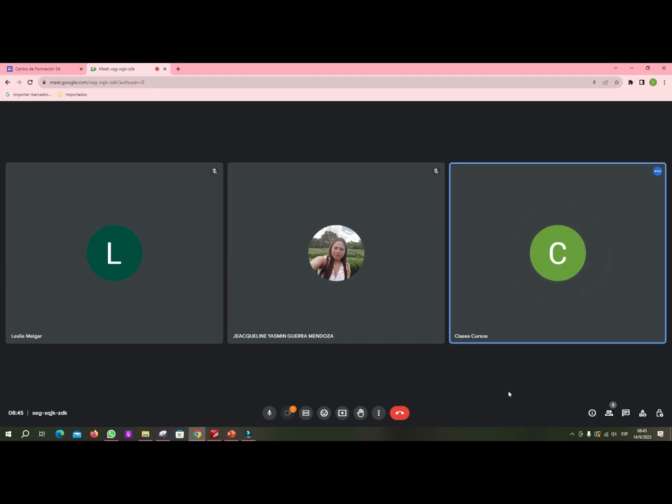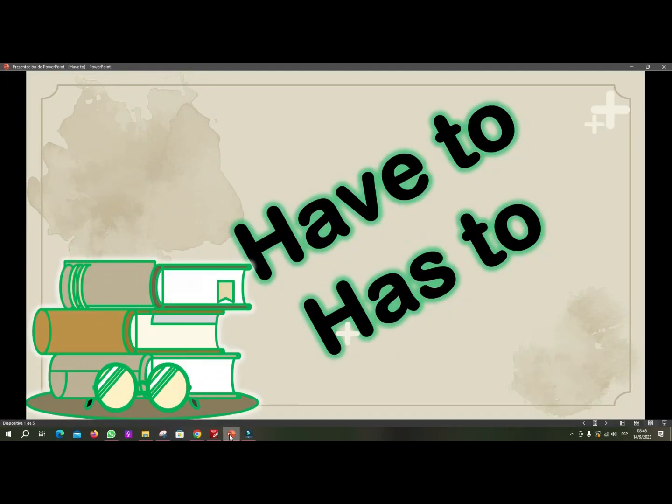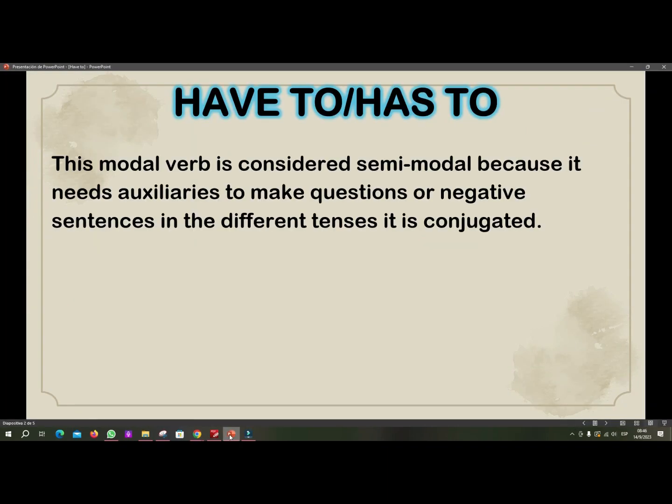Okay? Today we're going to study another modal verb, which is have to, and also has to for the third person singular. This modal verb is considered semi-modal because it needs auxiliaries to make questions or negative sentences in the different tenses in which it is conjugated, right?